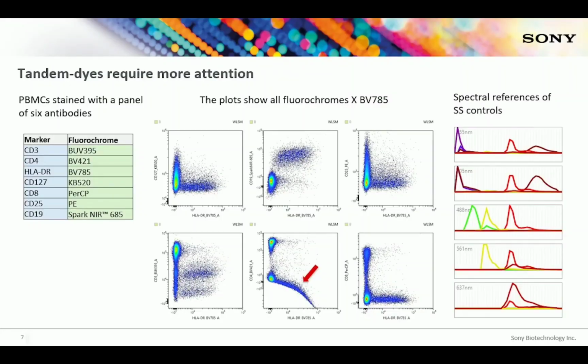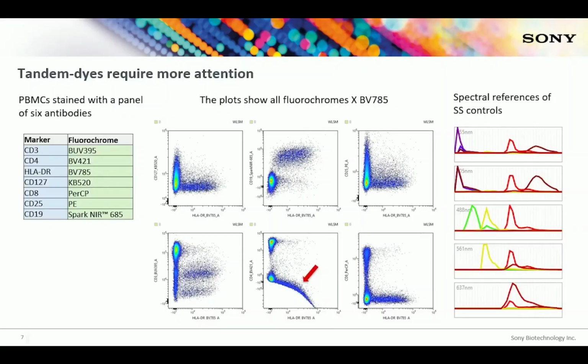A practical way to spot unmixing errors is examining n-by-n plots. In this experiment, we have PBMCs stained with 6 antibody panels, including 2 tandem dyes.